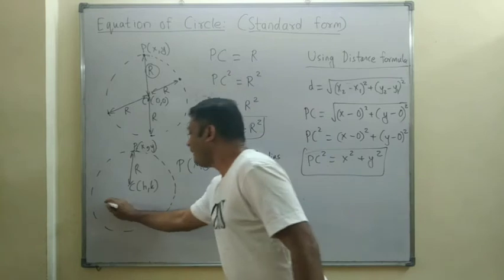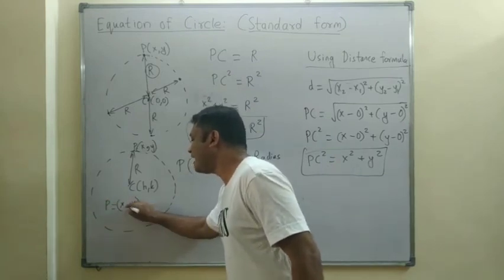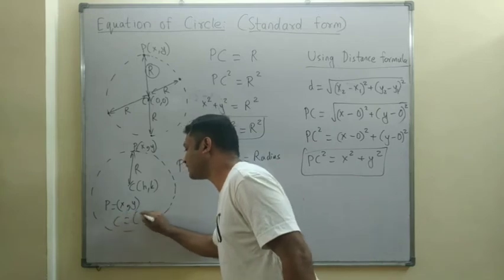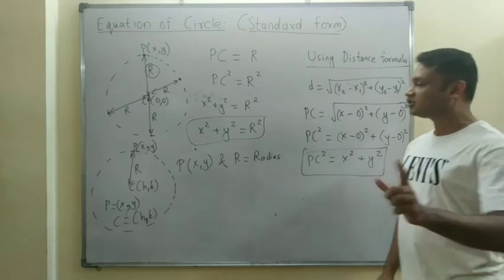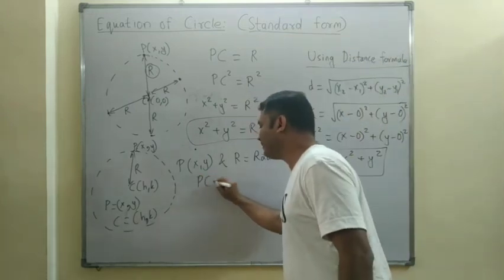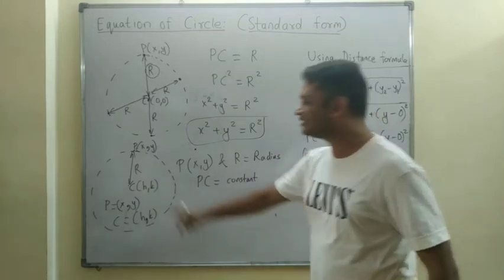So what do we have? P is the general point on circle, x, y, and C is the center of the circle, which is the fixed point h, k. So now by distance formula, PC is constant.